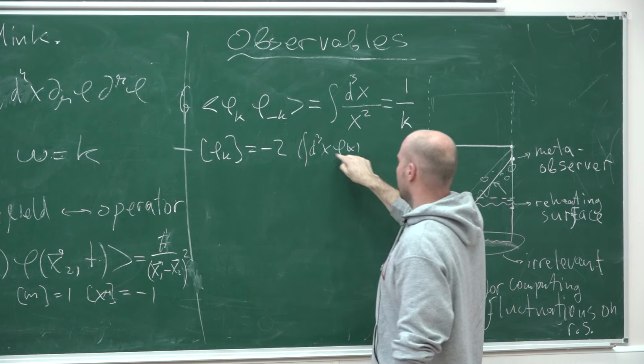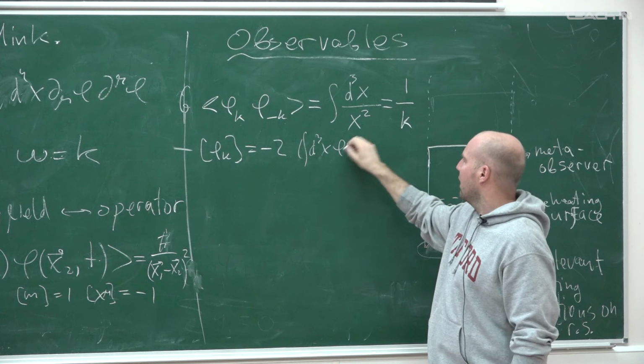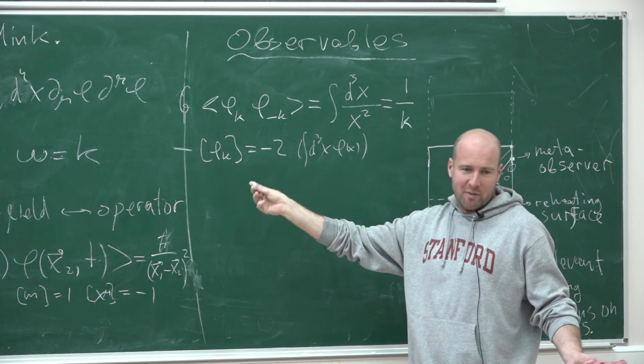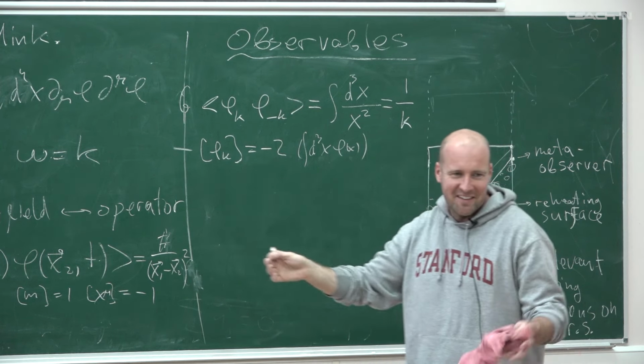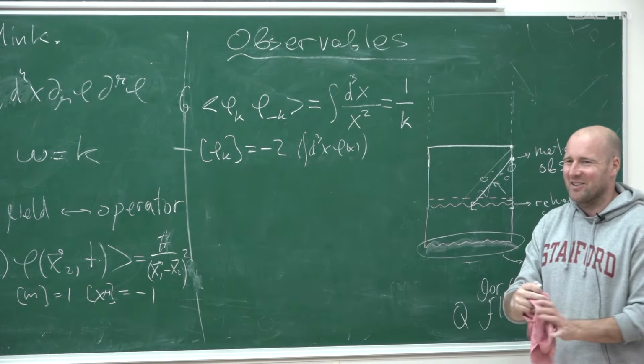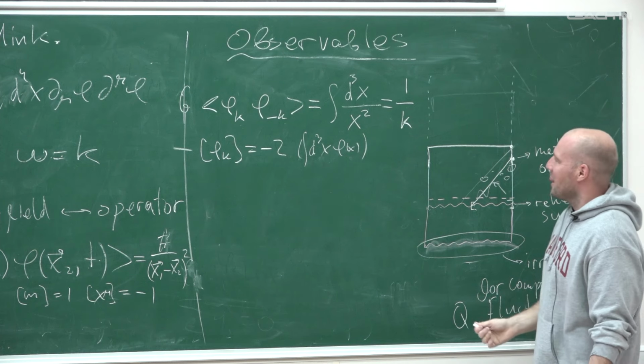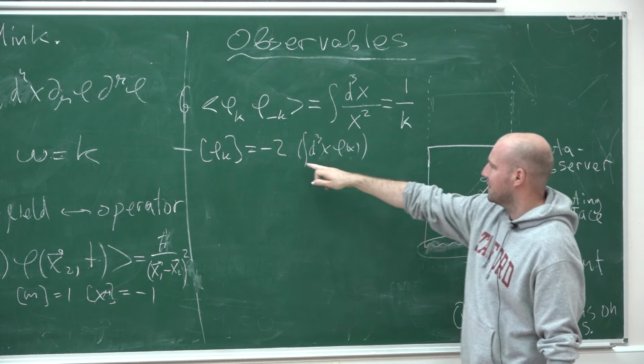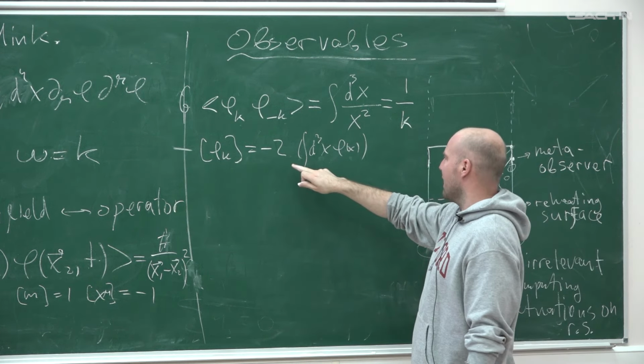So this has dimension 1, this has dimension minus 3, so the dimension of phi k is minus 2, right? You guys will be surprised how much is done with dimensional analysis in fundamental physics. And you check all your calculations. It's super important.